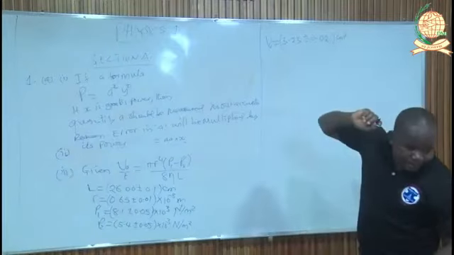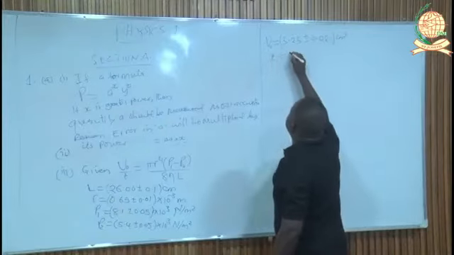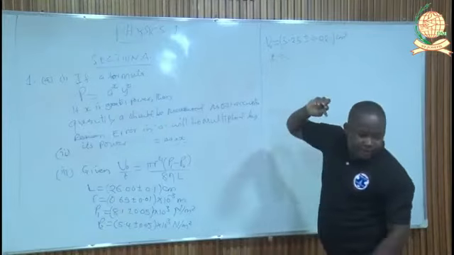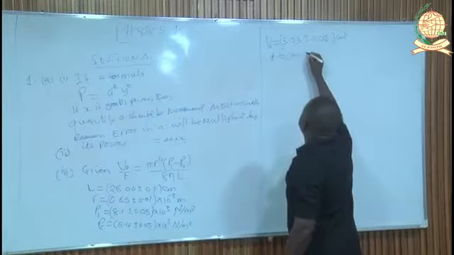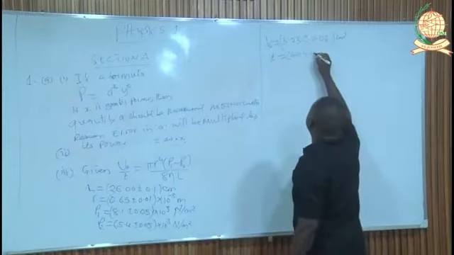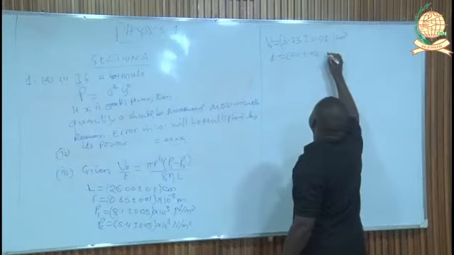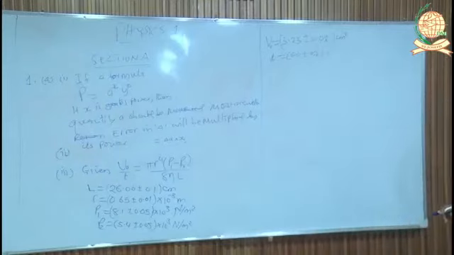The last quantity is the time, given as 60 plus or minus 0.2 second. So the question, we are supposed to find the value of eta.